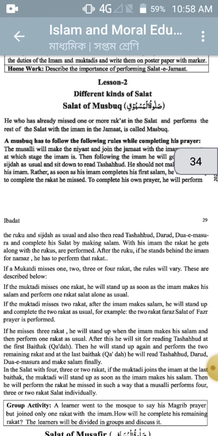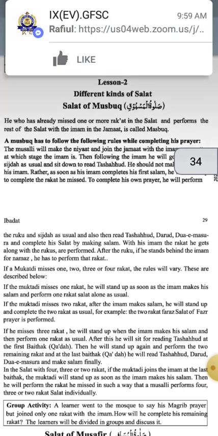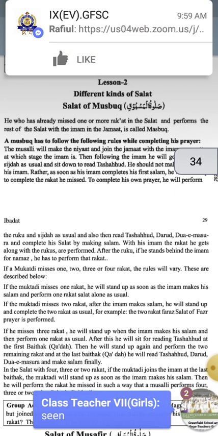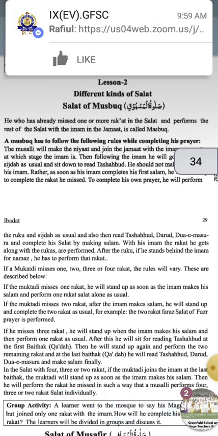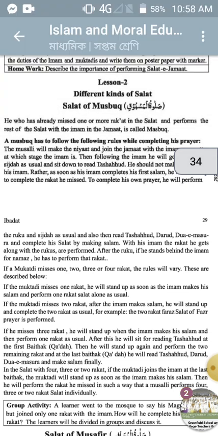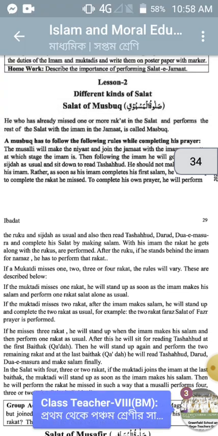I'm also fine. Now I'm very delighted to get a unique opportunity to deliver today's topic, chapter 2, lesson 2. We already know the selected syllabus according to the government of Bangladesh.